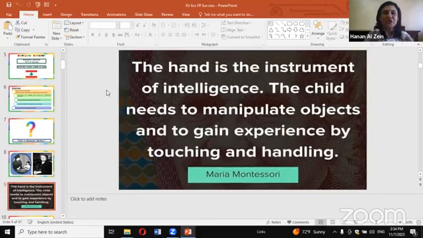The child uses manipulative activities, hands-on learning, in order to refine his skills and sharpen his intelligence. This manipulation and hands-on learning, learning and working through fun, gives our kids the experience of touching, handling, and sensory experience. That's what we are after today, and what we are going to go over in this webinar.